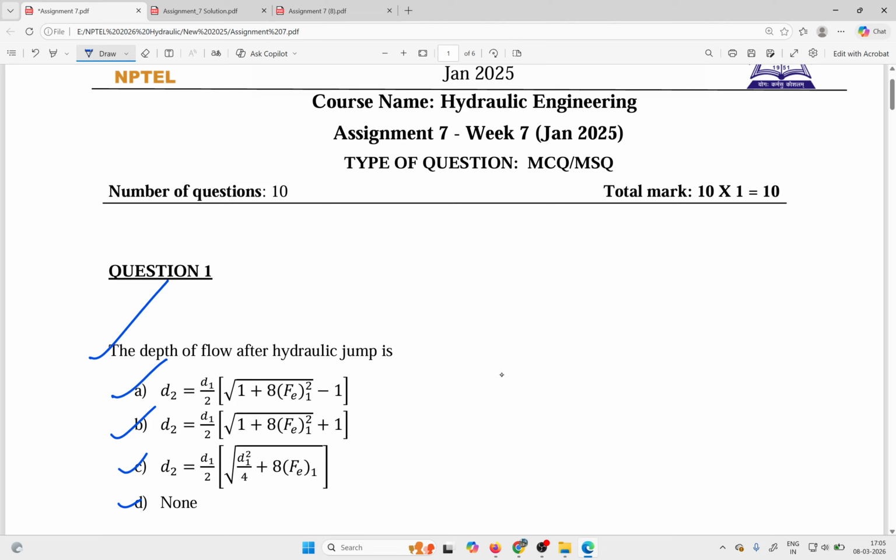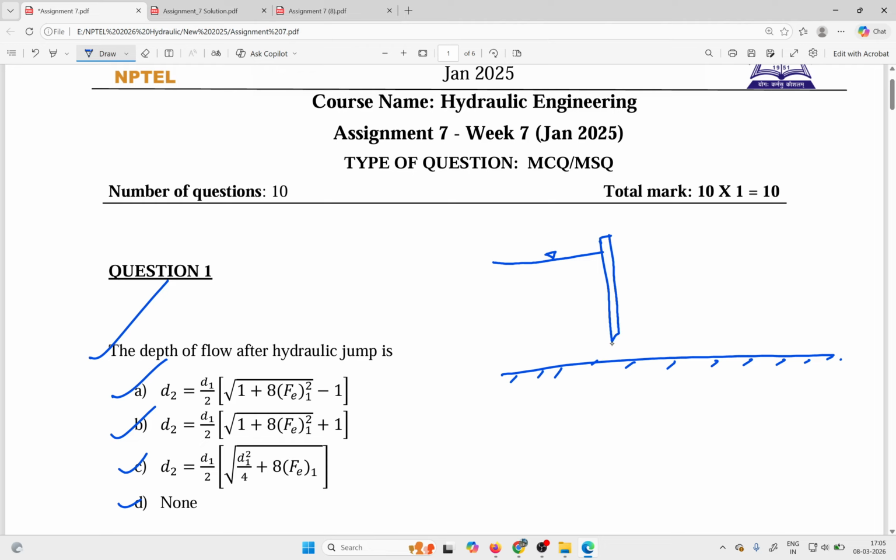Very simple. Let us suppose this is a horizontal bed, and you have some gate here like that, and the water level is here. The gate is open.